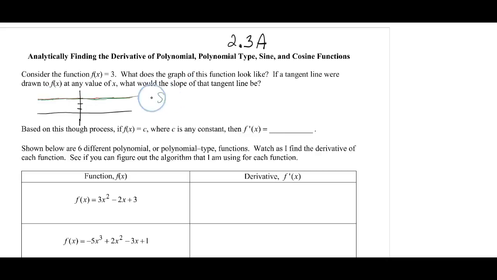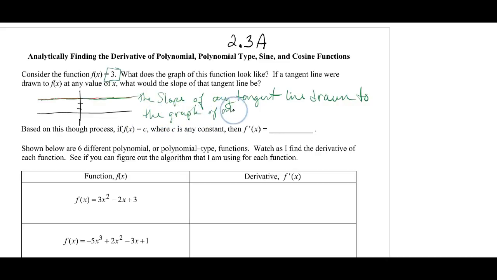Well, the slope of any tangent line drawn to this function, which is 3, a constant, the graph of any constant function, would be 0.